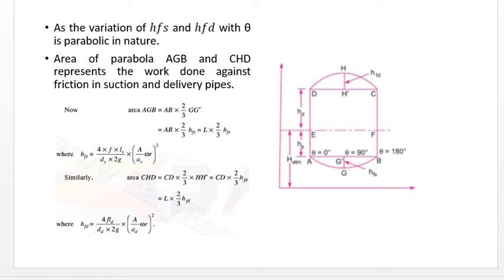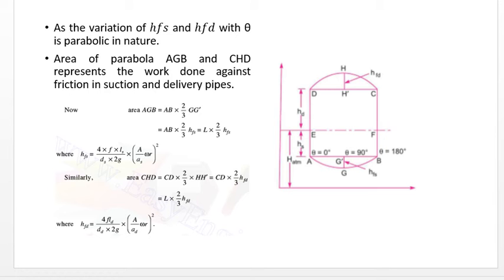At the end of the stroke, again the value of HFS, and here I am showing the suction stroke, is 0, so there is no value of the frictional head HFS. So the HFS value is GG' only when θ is 90 degrees.